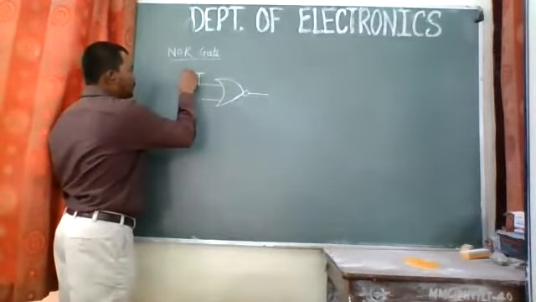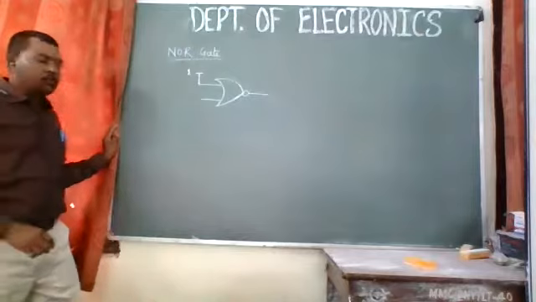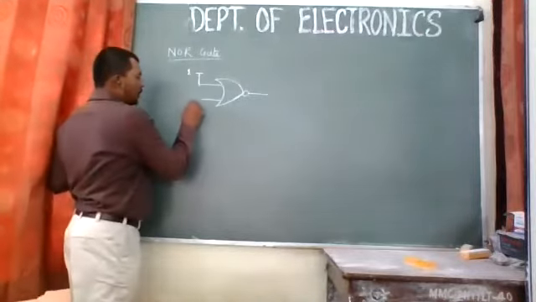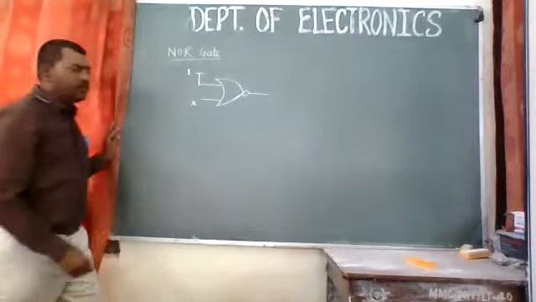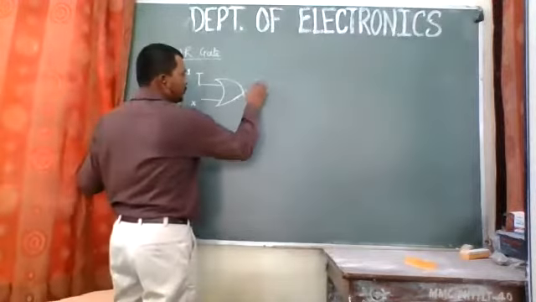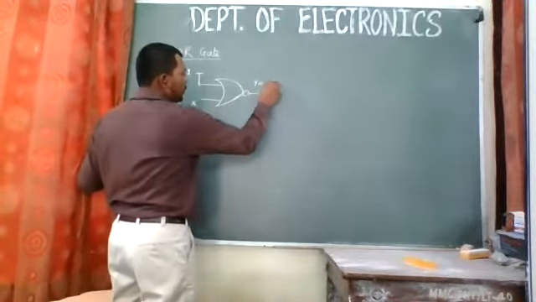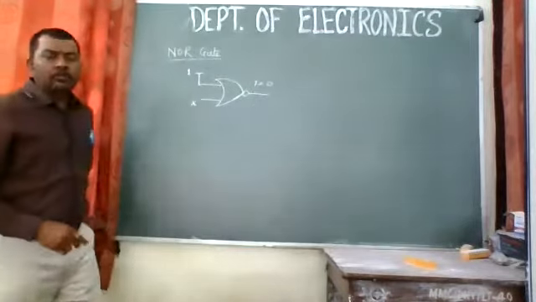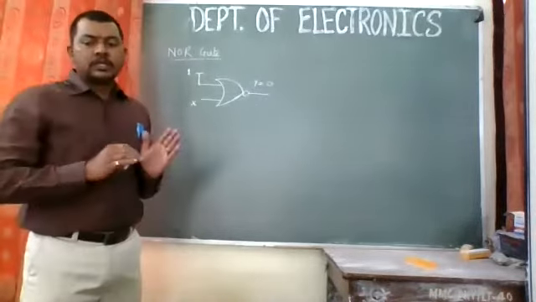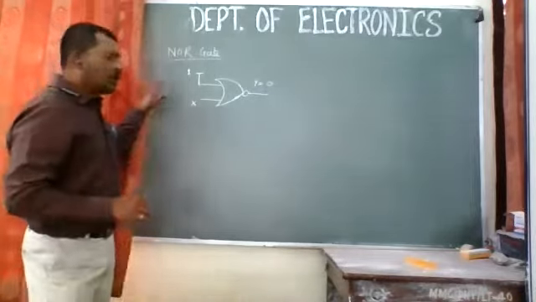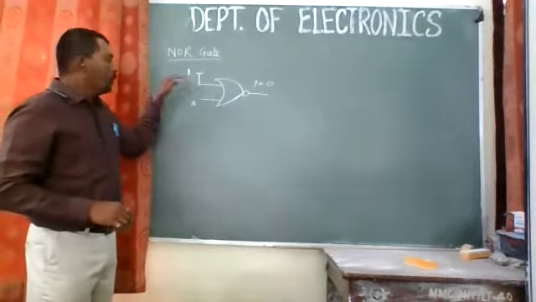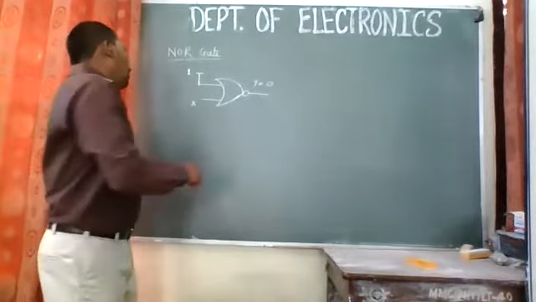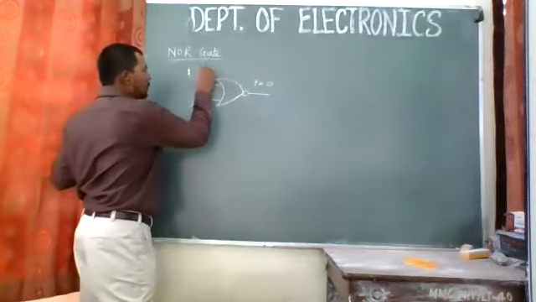I will keep this one terminal high. Then the other input is a don't care condition, whether it is 0 or 1, and the output of this NOR gate is going to be 0. That is why we call this the disable condition. What we have done is keep one of the terminals of a NOR gate to high, or 1, or connected to plus VCC.